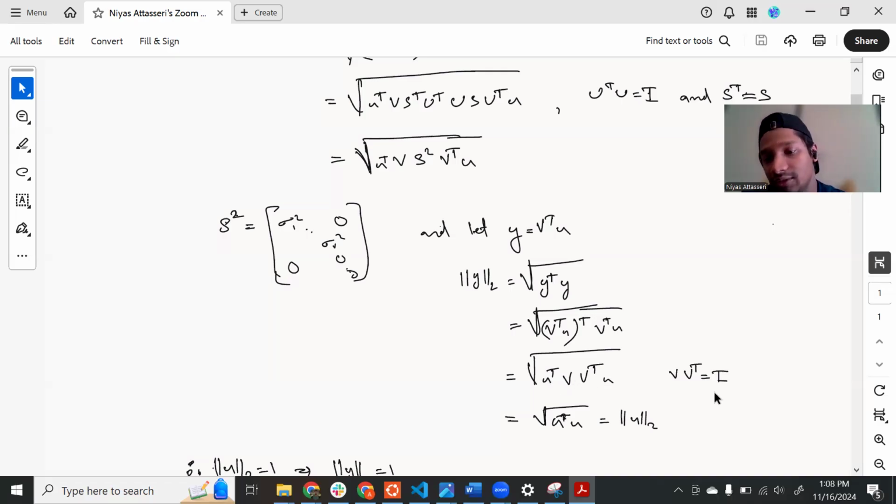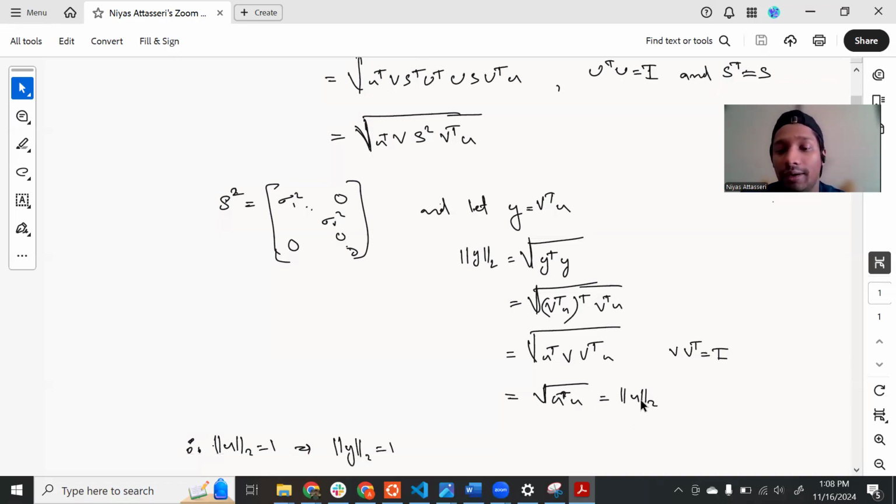We know that V V transpose is equal to I. So we get the root of u transpose u, where u is a vector. Now we know that this is the two norm of u, and from the question, the two norm of u is equal to 1, which implies that the two norm of y is equal to 1.